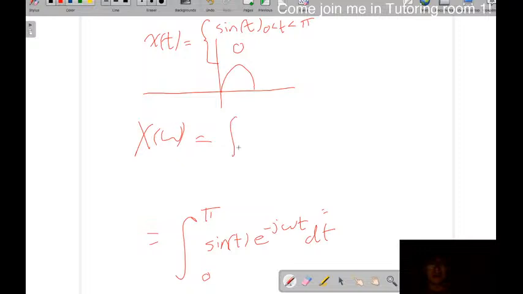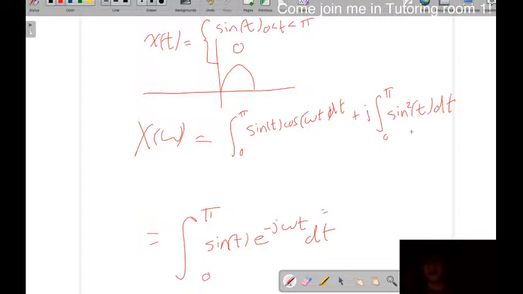So from 0 to pi of sine of t times cosine of omega t dt, and then plus j times the integral from pi to 0 of sine squared t dt.